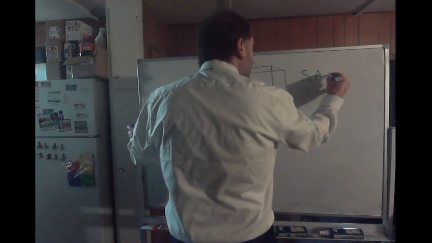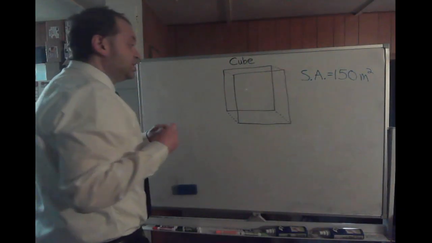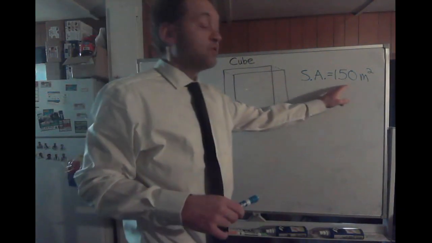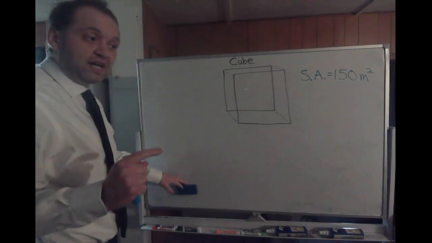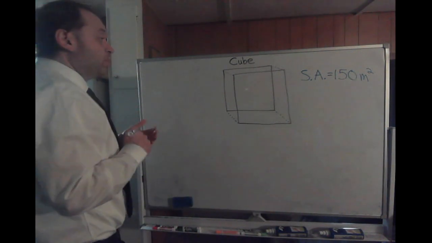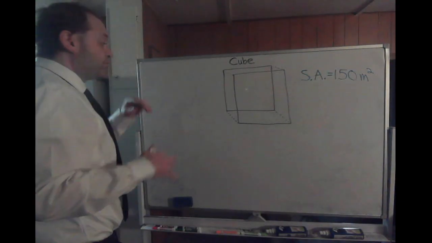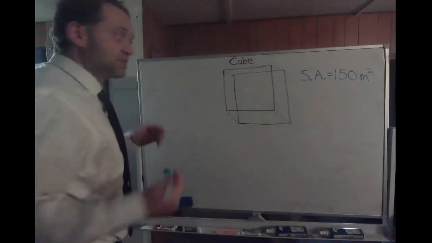So the surface area is going to be equal to 150 meters squared. So this cube has a surface area of 150 meters squared. We need to find, of course, first the length of a side, and then find the volume of this cube. Well, if we remember, the surface area is 6 times the side squared.